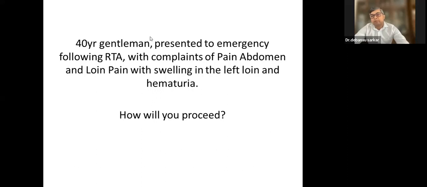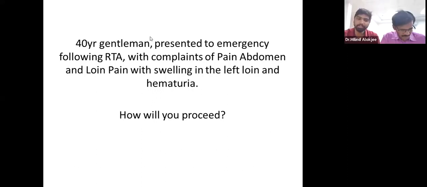What is the difference? Sir, in case of medial extravasation, we will look for contrast going to the ureter. If it is not going to the ureter, then the patient will require immediate exploration. In the other case, we can go for conservative management if the patient is hemodynamically stable.